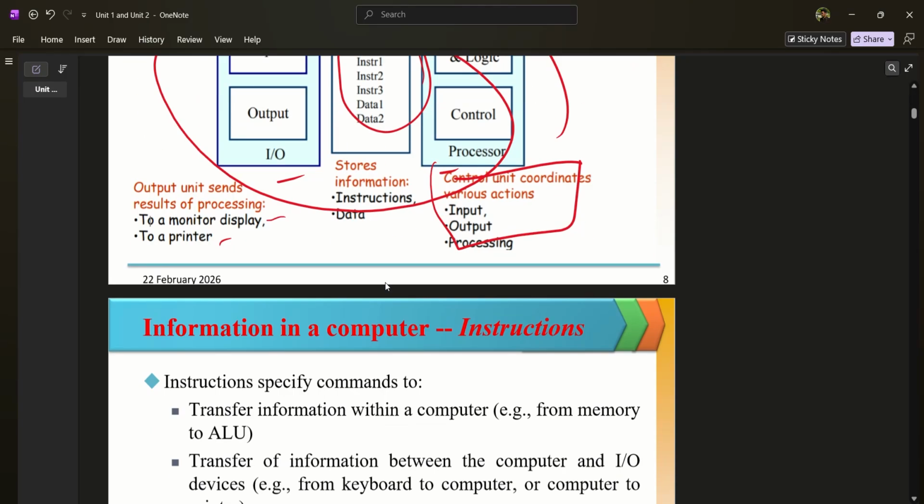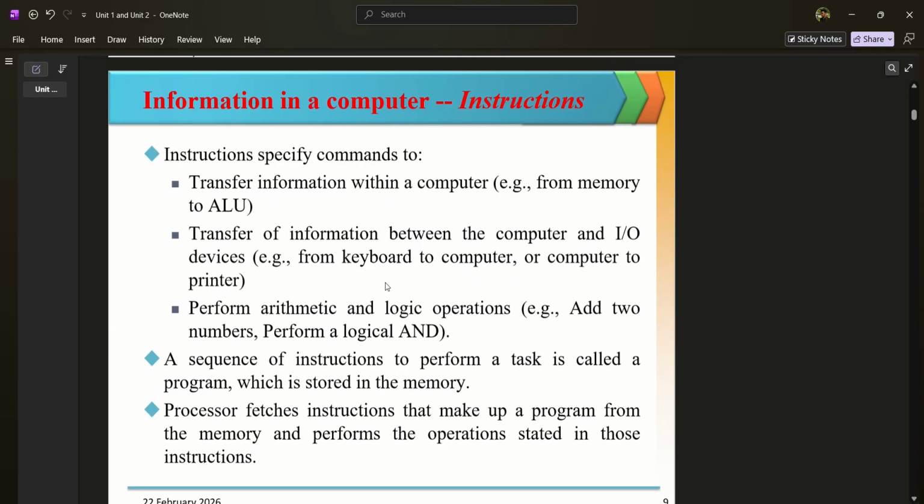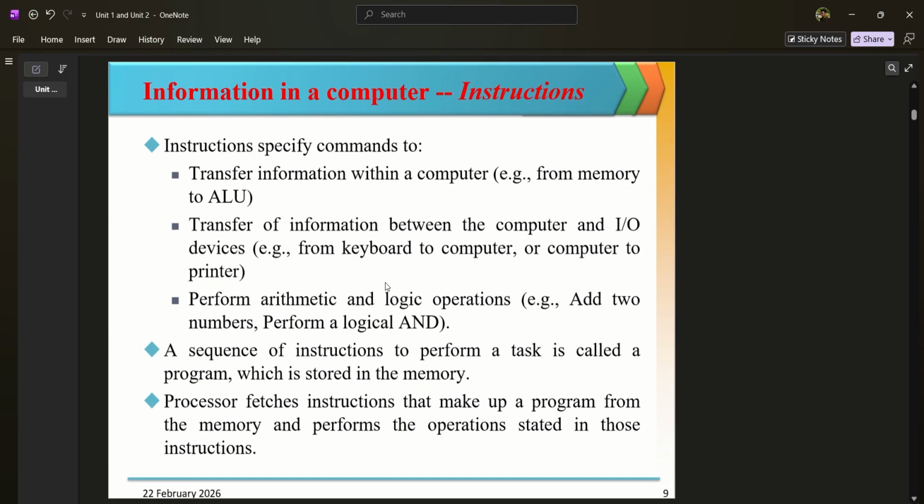Right. So next, information in a computer. Instructions are the commands which make the computer function, right? Instructions specify commands to transfer information within the computer, transfer information between the computer and IO devices, and perform arithmetic and logic operations.